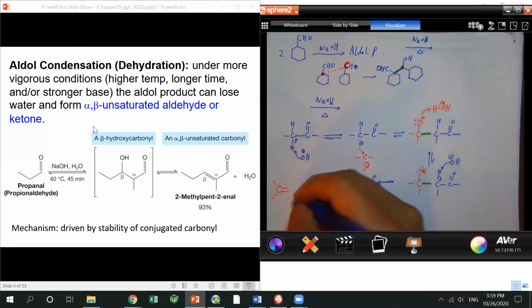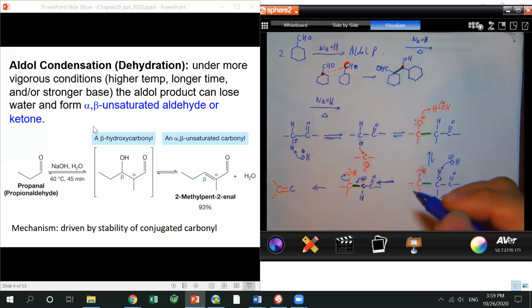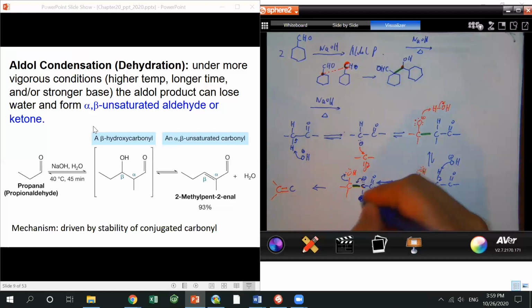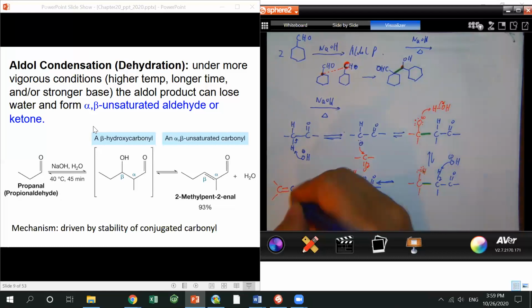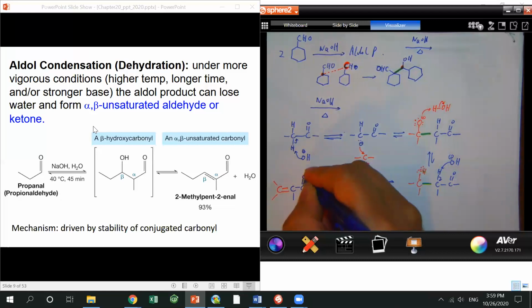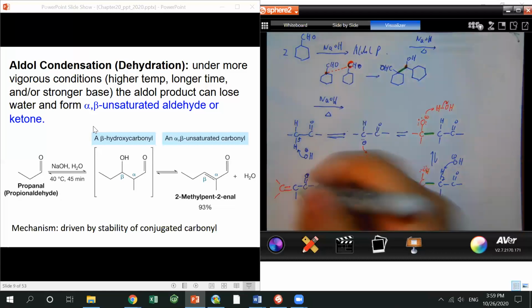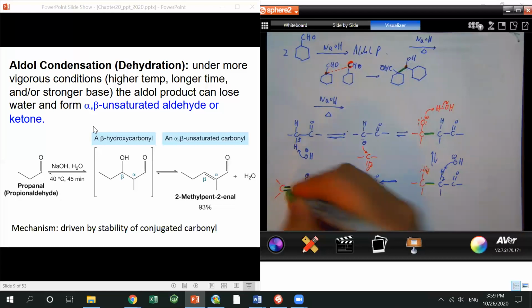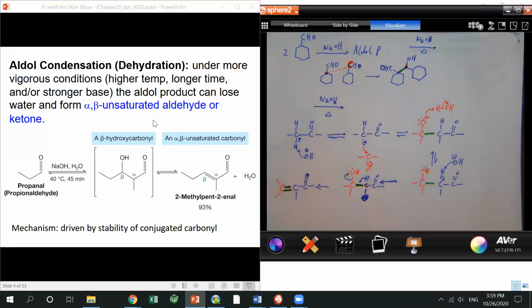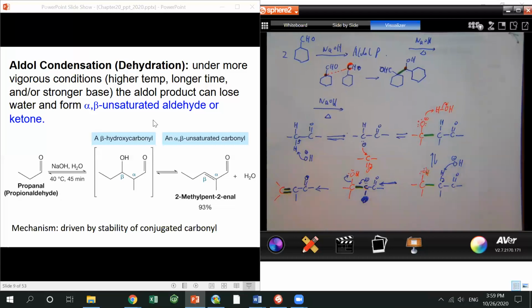There should be no H here, just a single bond, and the new bond here. So in the first round you build a single bond between the alpha carbon and the carbonyl carbon. In the second round you build another bond, giving a double bond. That's the whole process.